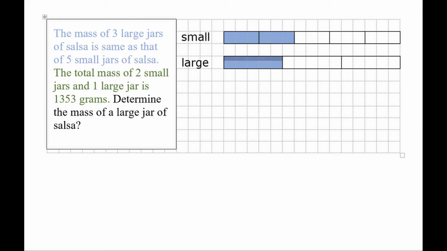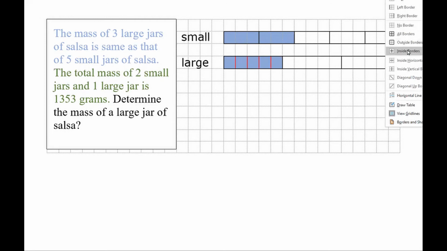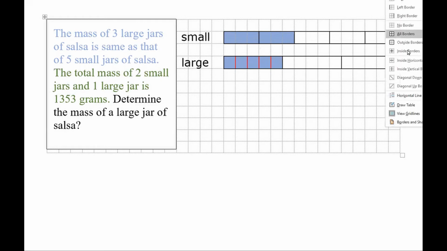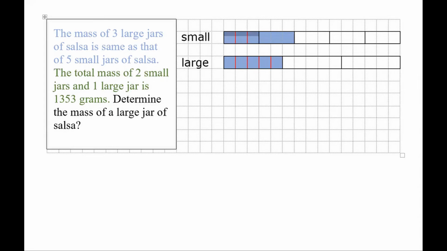Make sure we do understand that the large jar is made of 5 small units, 5 squares. And let's also make sure that each of the 2 smaller jars is made of 3 units as well.